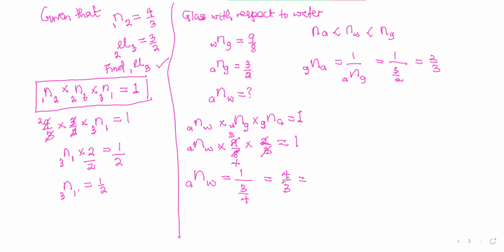Let's change 4/3 to decimal. Help me change 4/3 to decimal. Oh, let's hurry up. 1.333. You see, yesterday I told you that the absolute refractive index of water is this. So your answer must actually be 4/3.